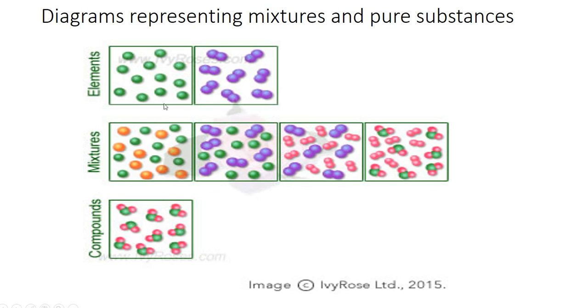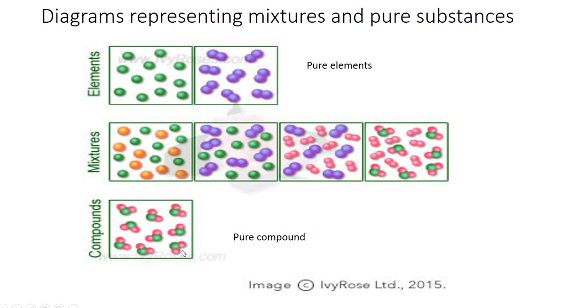So the first diagrams, I'm showing elements. We have two types of elements here. We have atomic elements, single atom, and then we have molecular elements. So these are pure elements. The second part is the pure compounds. So this looks like water. You need to be able to draw a diagram.